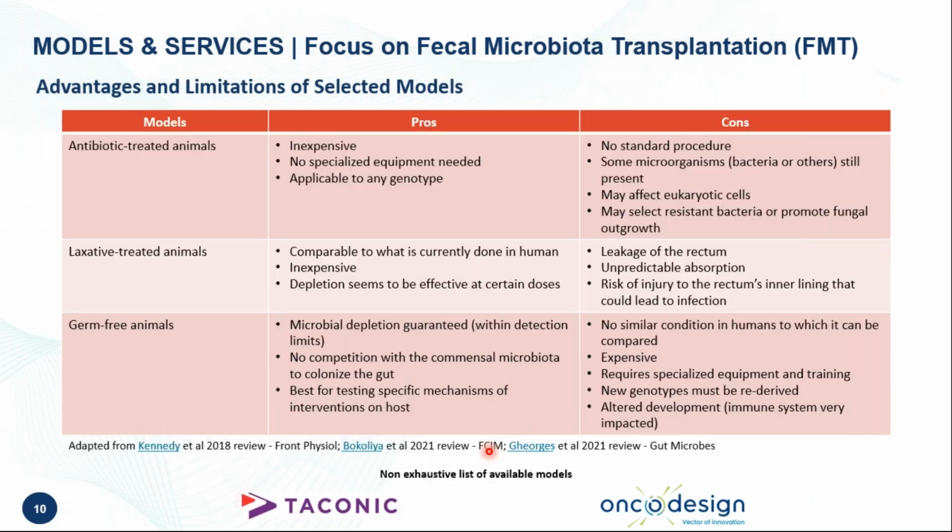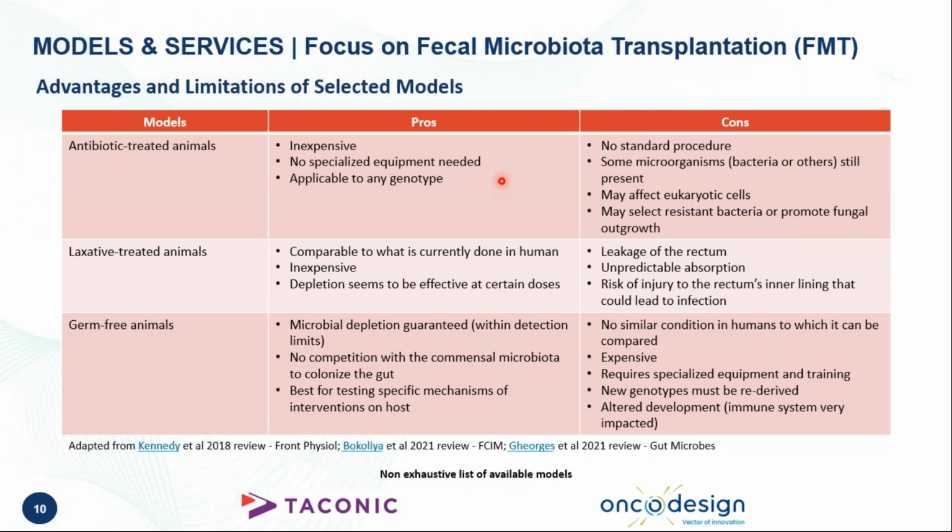So furthermore, it is important to acknowledge the advantages, the gaps, and the limitations of such animal systems. And in fact, the key ones are listed and detailed in this table.